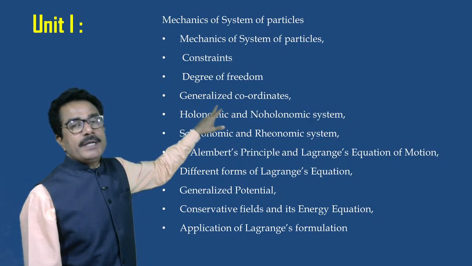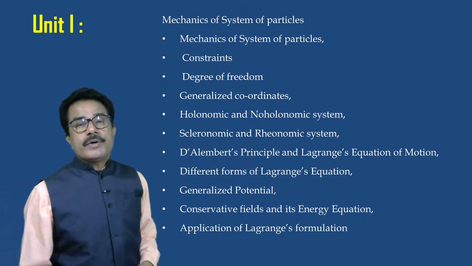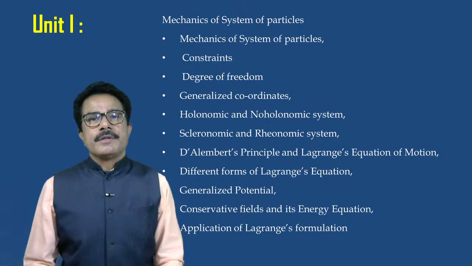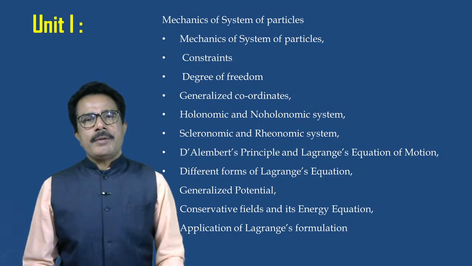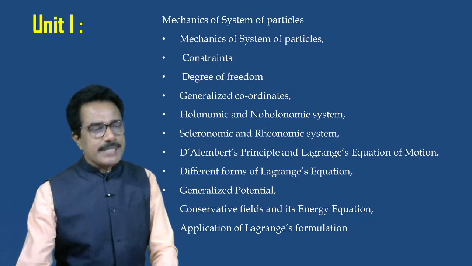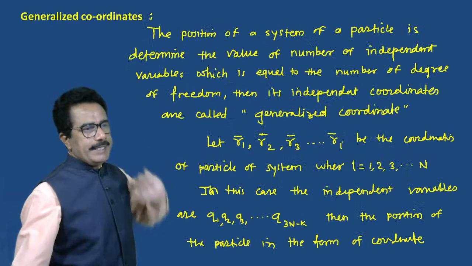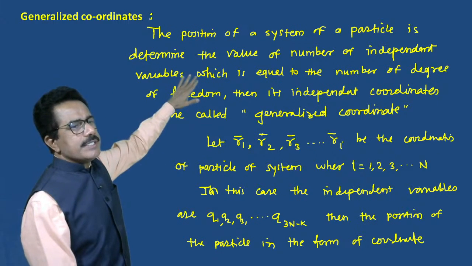Actually, the degree of freedom which we have studied, generalized coordinate, we shall discuss now, because yesterday due to some sound problem, or mic problem, you were not able to hear clearly, so I shall revise yesterday's some part here. What is meant by the generalized coordinates here?